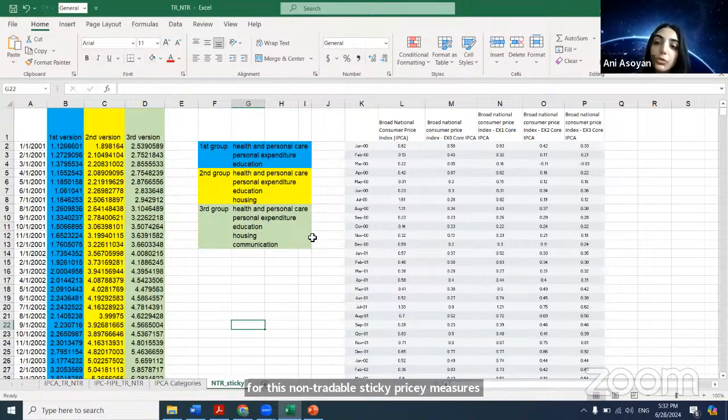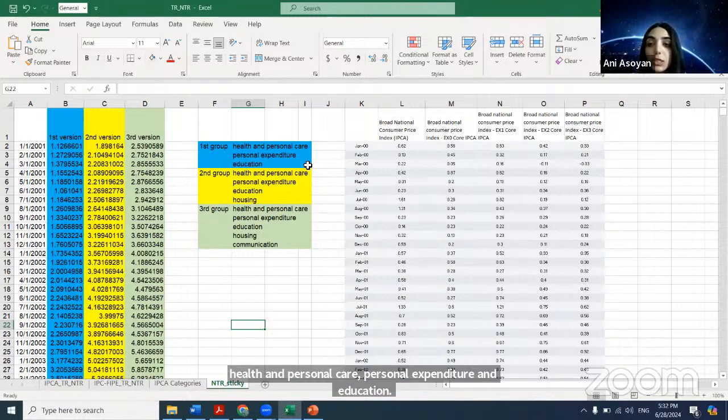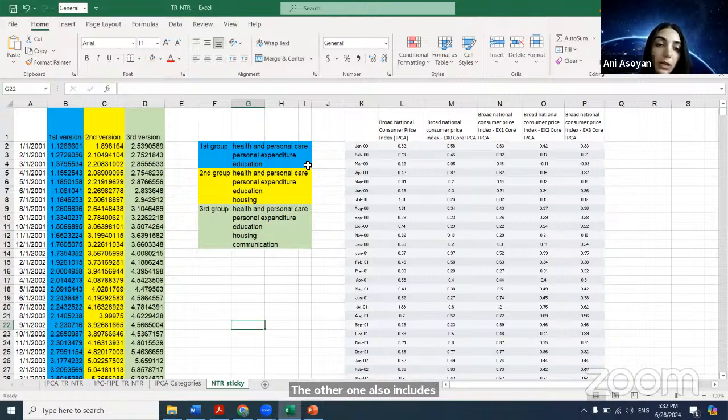The first group includes these least volatile categories that I have already mentioned: health and personal care, personal expenditure, and education. The other one also includes housing, which is slightly more volatile than the other three. And the third one also includes communication as well.